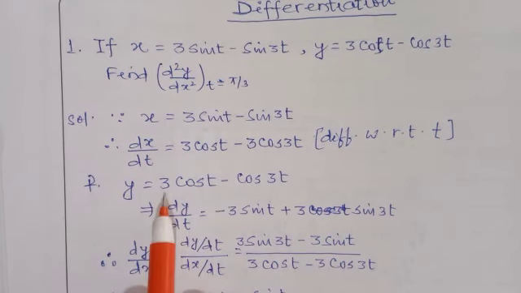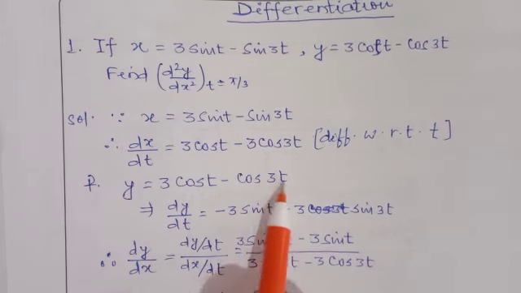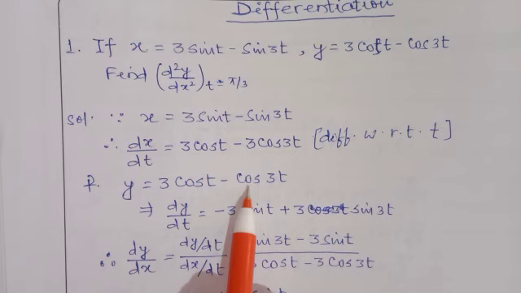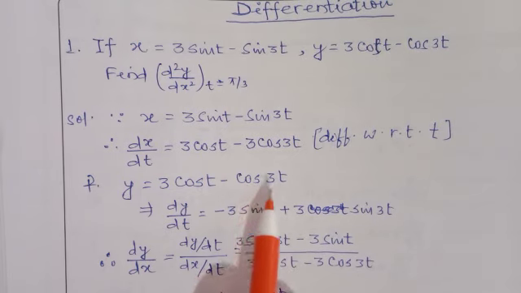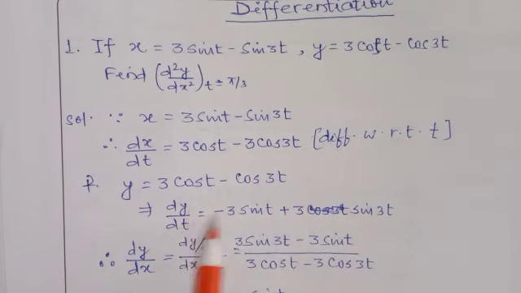So dy by dt should be minus 3 sin t, and differentiation of cos 3t should be minus sin 3t, and differentiation of 3t will be 3. So minus and minus together becomes positive. So finally it should be 3 sin 3t minus 3 sin t. This is the value of dy by dt, meaning differentiation of y.